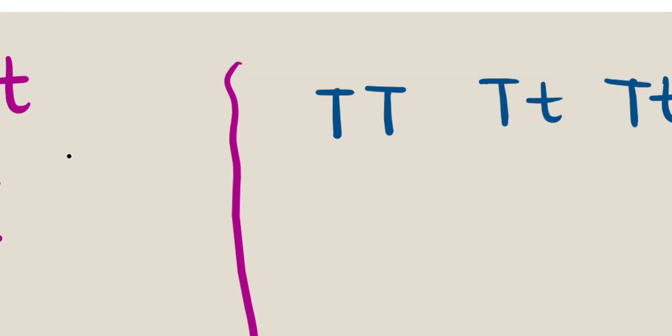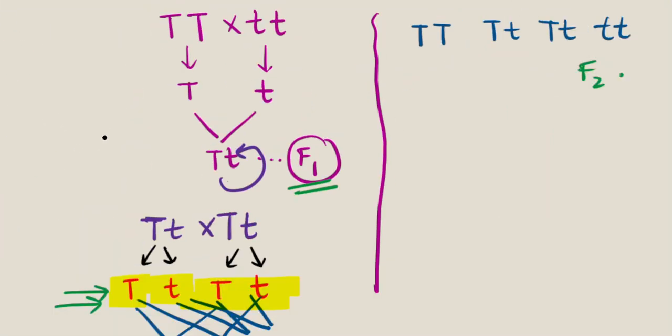So here you can see which gametes we have taken. You can see these gametes, capital T, small t. This is for mother, this is for father.